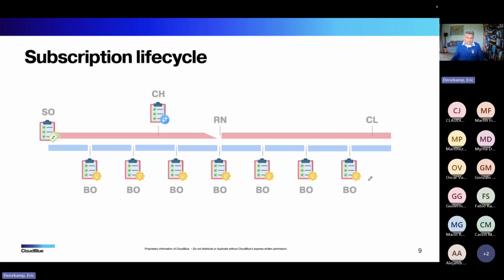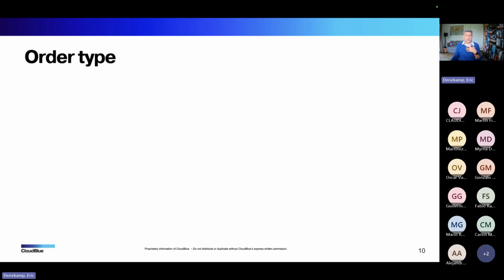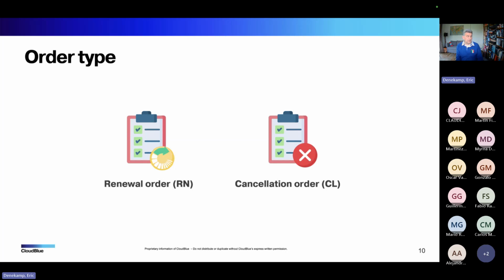So the first three order types we saw: sales order, change order, billing order. We now also saw that there are two additional order types. Renewal orders, hoping you have a lot, meaning that your customers are happy with your services, and a cancellation order. I hope you don't get those.